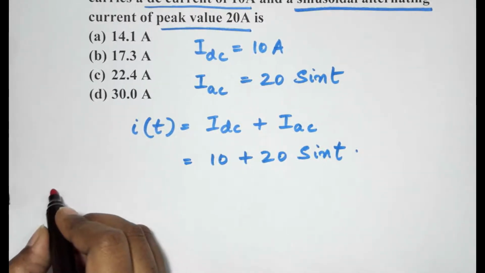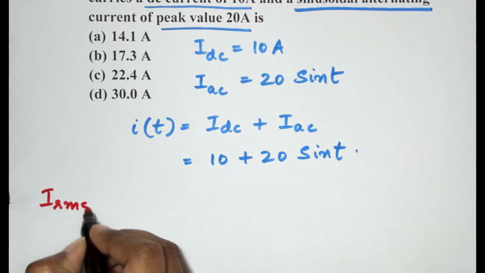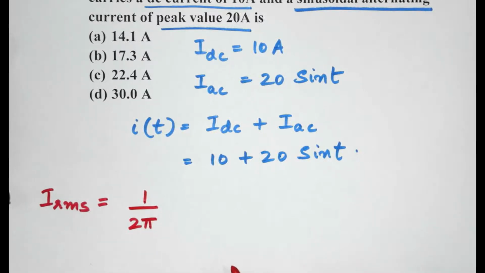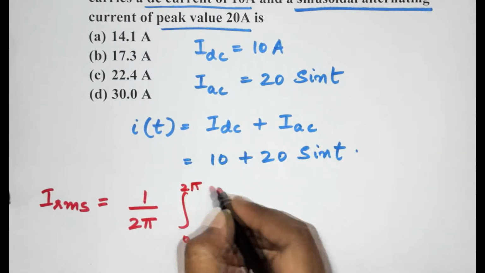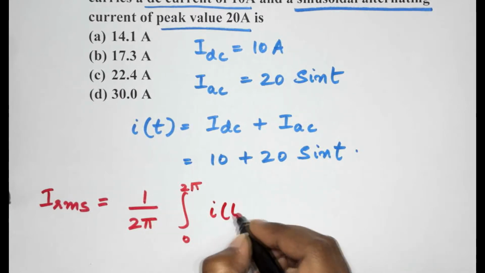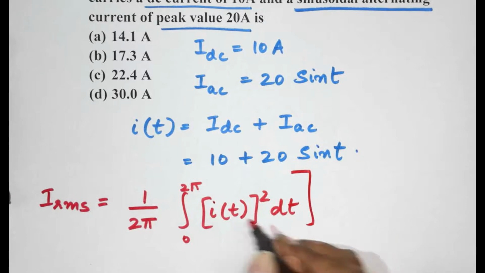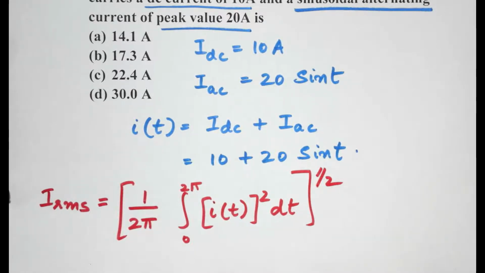So the formula for the RMS value of current would be IRMS is equal to 1 by 2 pi, that is our total time period, 1 by 2 pi because it is sinusoidal, right? So that's 1 by 2 pi, 0 to 2 pi, I of t square dt, and the entire part is under root, power 1 by 2.